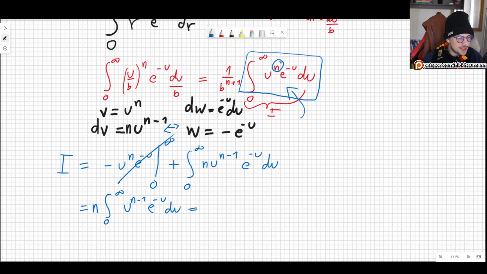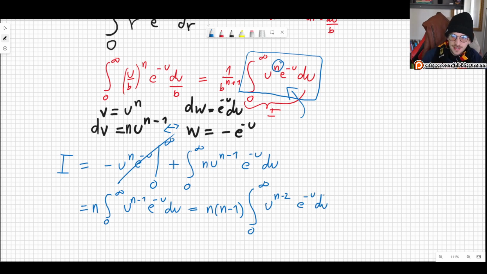So if we take another integral by parts here, we get n times n minus 1. Here I'm, of course, jumping over a few steps. The steps are exactly the same as what we just did. That is why I'm jumping over them. So here we have integral from 0 to infinity, and we have u to the n minus 2 e to the minus u du.